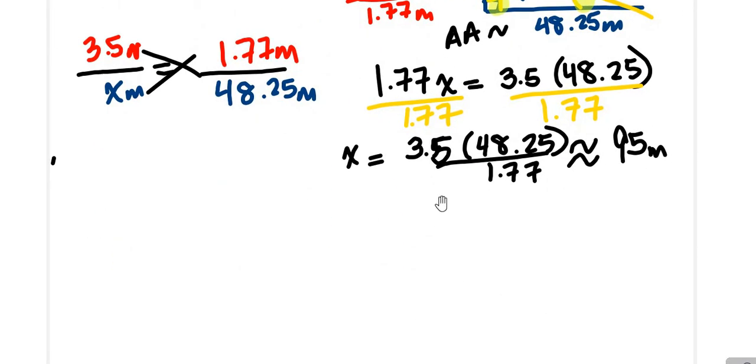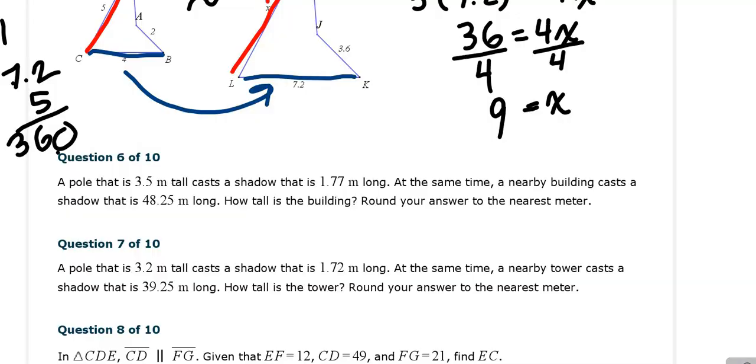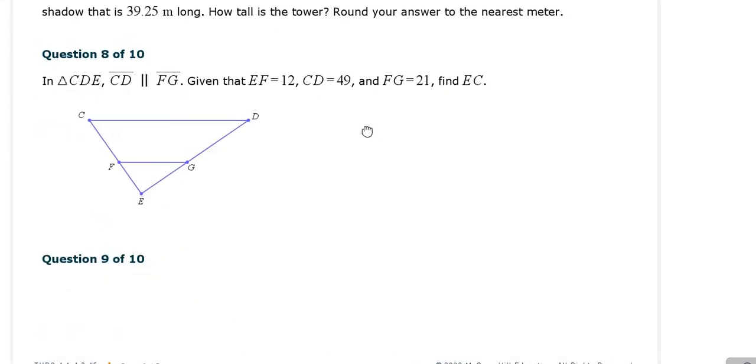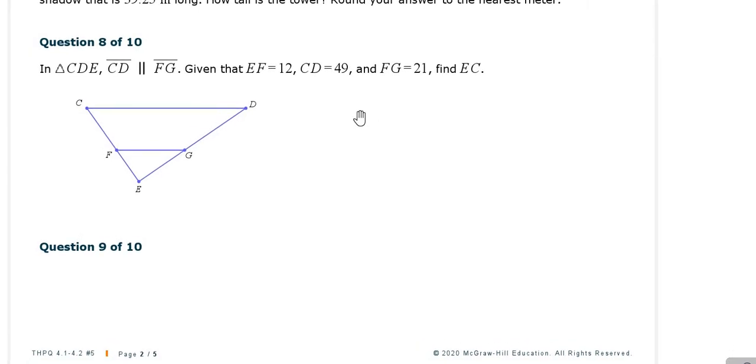Match and mirror, match and mirror. Problem 7 is very similar. Draw a picture, show a diagram. It says in the triangle below that CD and FG are parallel. Once you have parallel lines, you have both similar triangles and proportional segments.